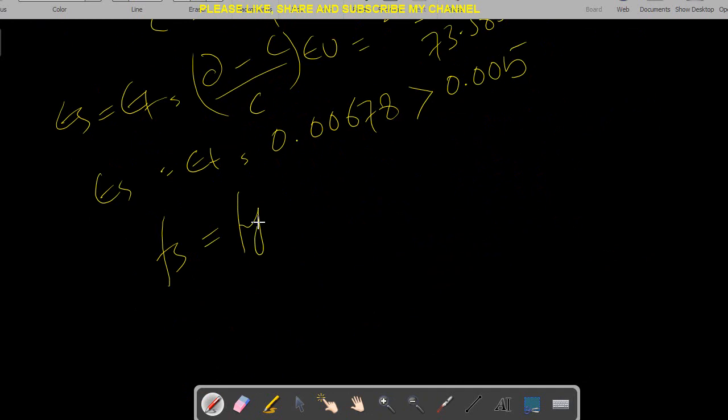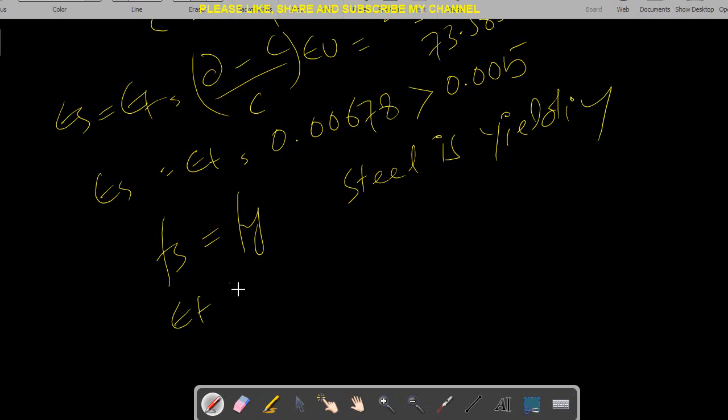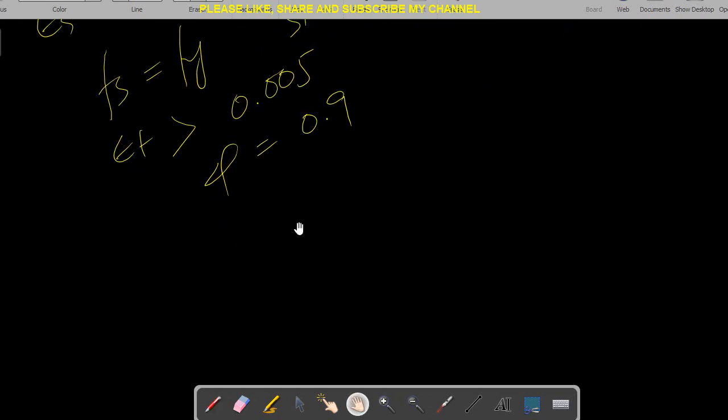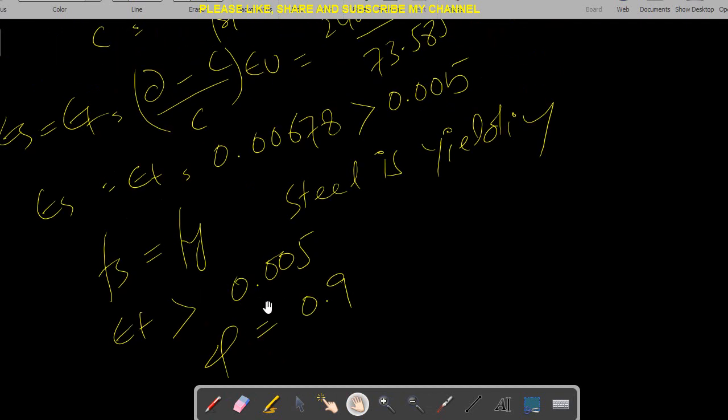Fs is equal to Fy. Steel is yielding, and as epsilon t is greater than 0.005, phi can be used as 0.9. So this is good news because we don't need to adjust the phi factor.